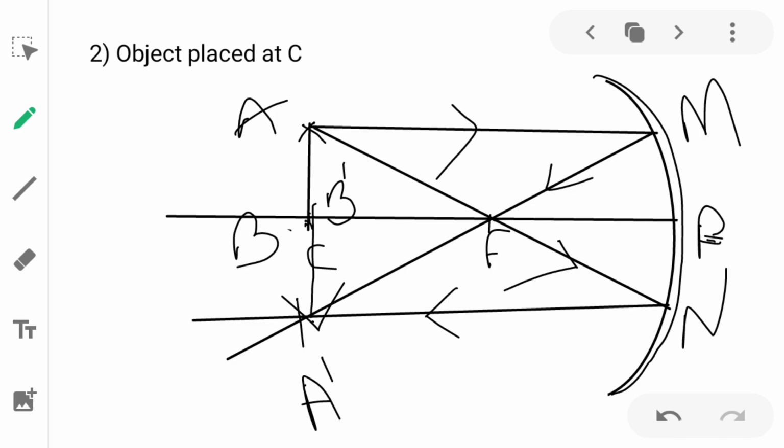The image is formed at the point C, the center of curvature, which is the point where the object and image are formed. Both will be of the same height.